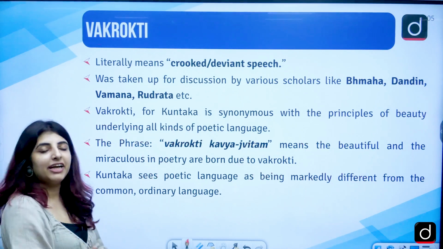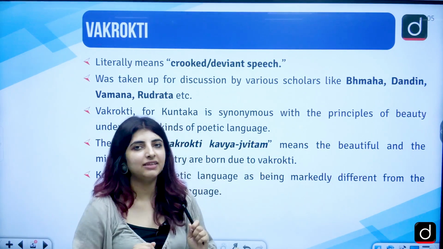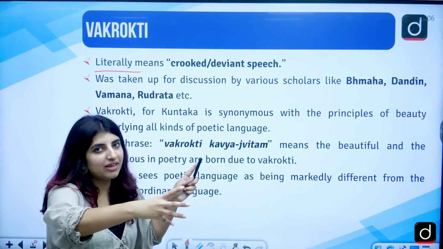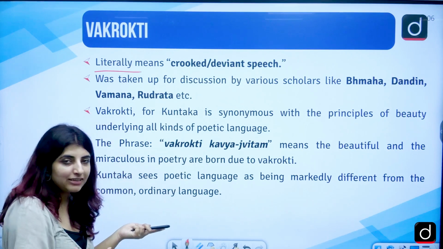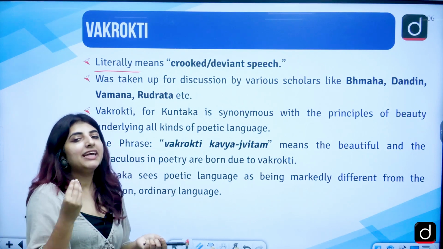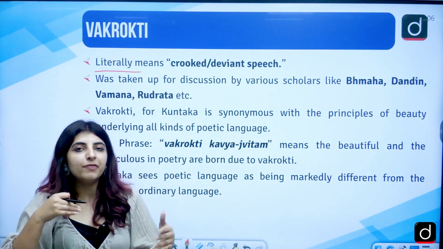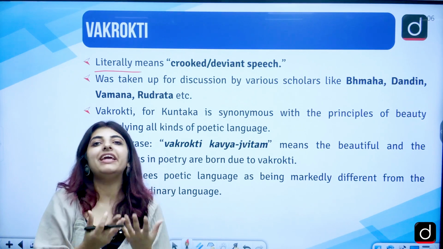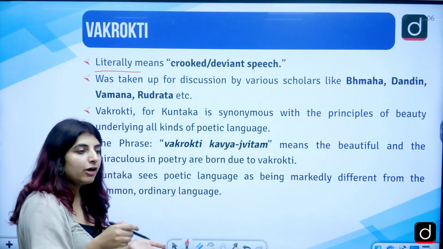So it was given by Kuntak. Kuntak gave the theory of Vakrokti; that can be asked in match the following. Now, Vakrokti literally means crooked or deviant speech. Basically, it means that you are moving away from the common way of speech, the common manner of speaking.